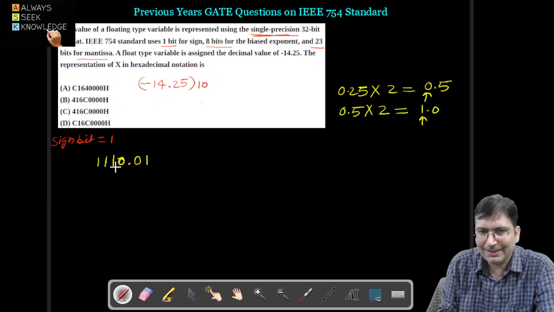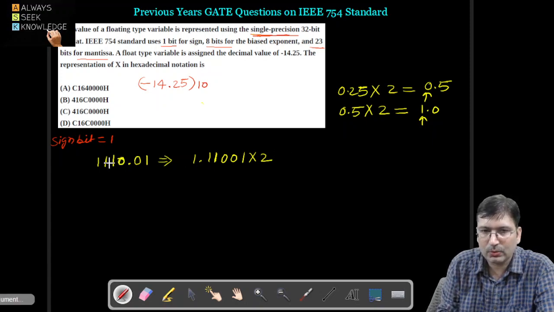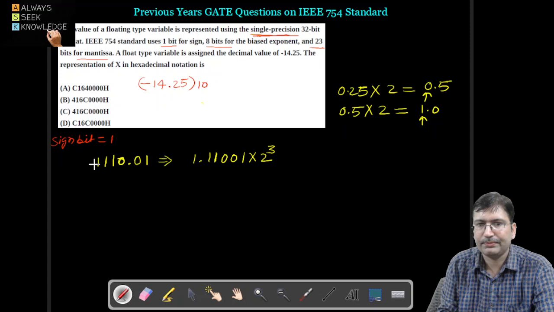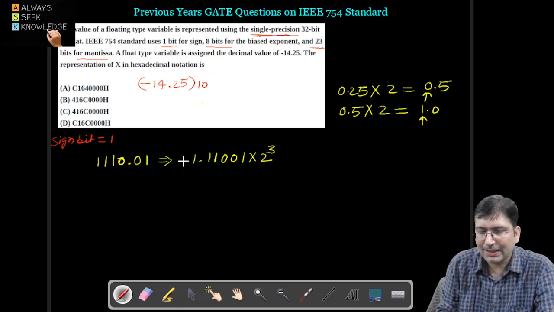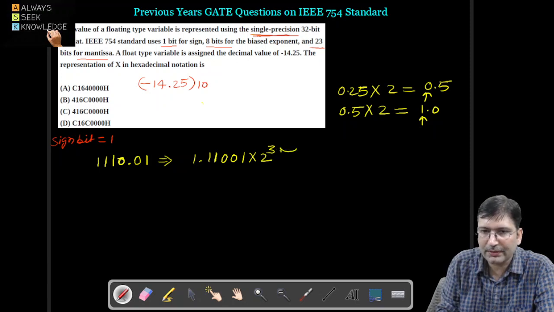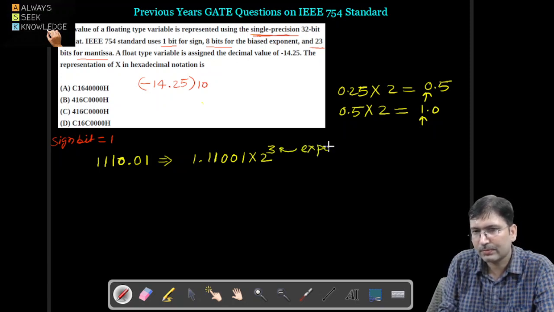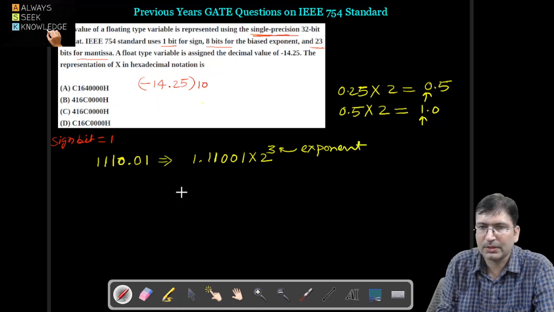Now when we write it in normalized way, we will write it like 1.11001 times 2 to the power 3, because it is in binary. That means the exponent is a positive value.